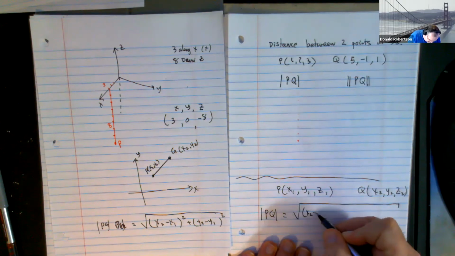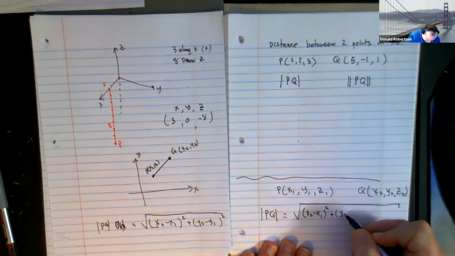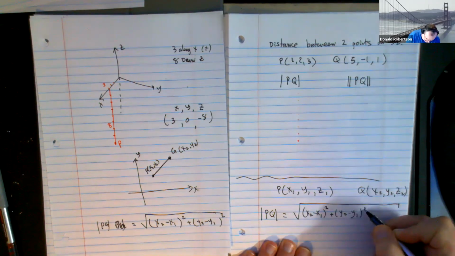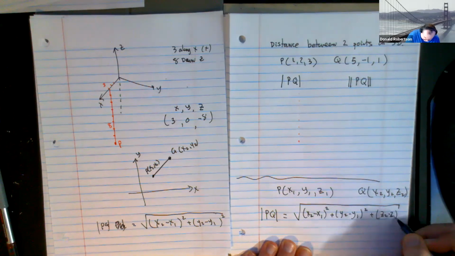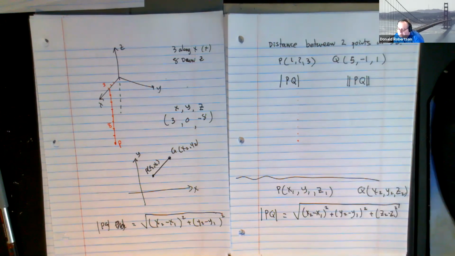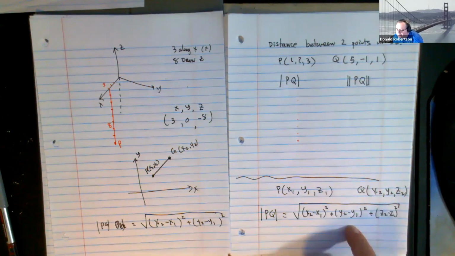It's the difference between the x coordinates squared plus the difference in the y coordinates squared plus the difference in the z coordinates squared. If the world was perfect and life had symmetry, wouldn't that be the formula you probably would have guessed? Would it be reasonable to assume that's what the answer should be in 3D?